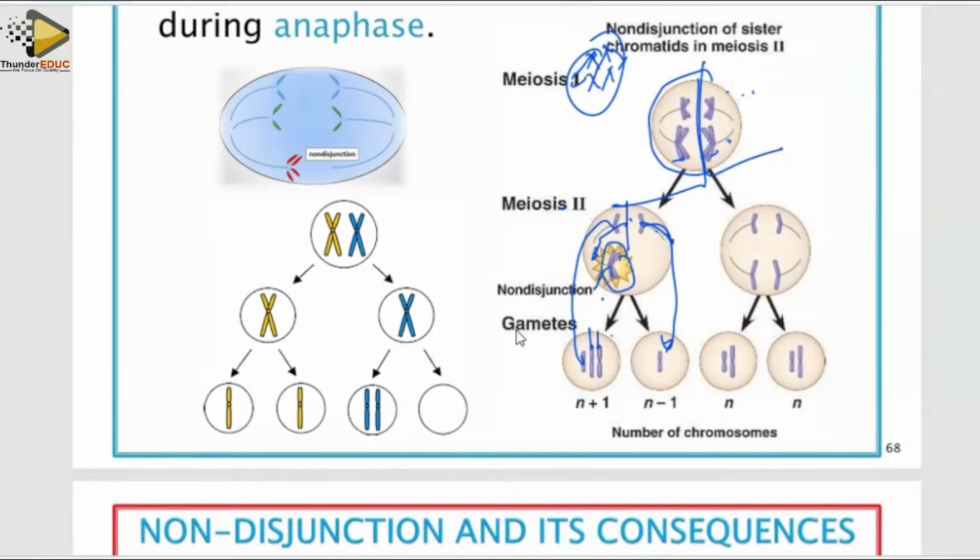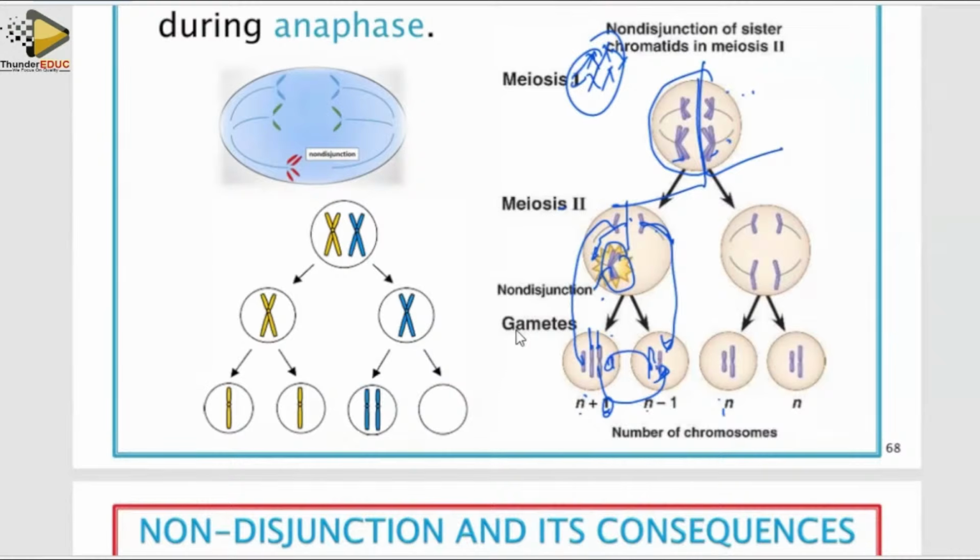So it means that the cell, instead of having 1 chromosome, will have 1 plus 1. And the other cell, instead of having 1 chromosome, will have 1 minus 1, because the other one went to this side.